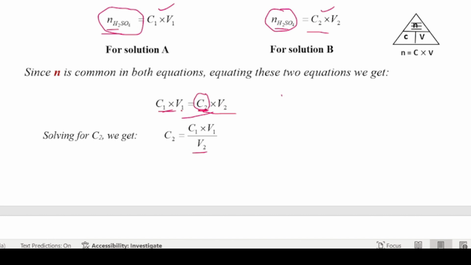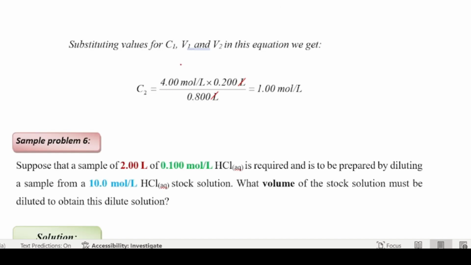If you want to find C1, let's say a different problem, you leave C1 there, leave these two, and you bring down V1. If you want to know V1, leave these two there, and you bring down C1. You're given 3 of these, you can find the 4th one. C2 will be equal to C1 V1 over V2, and that's the final concentration there.